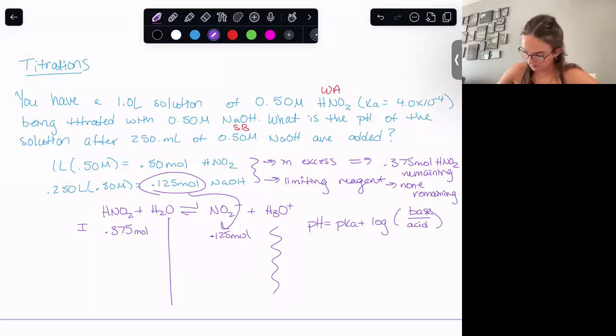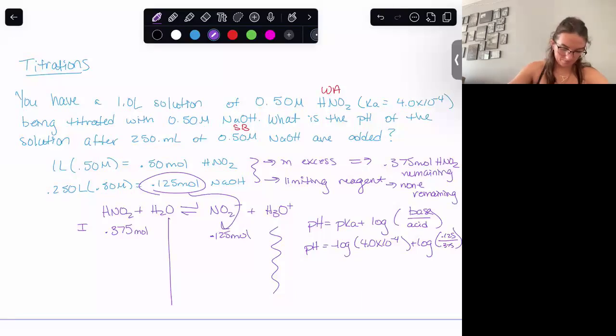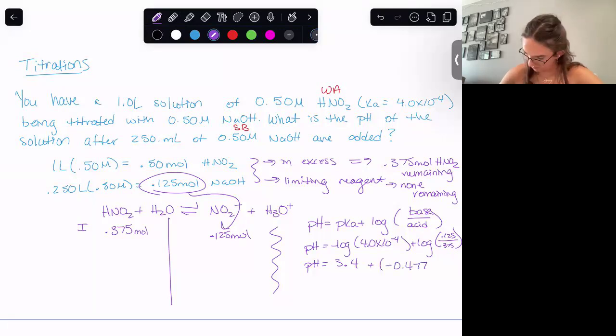And we'll see that pH is equal to the negative log of our Ka, and we'll have the log of our base, which is 0.125, over our acid, which is 0.375. So I've got a pH of 2.92.